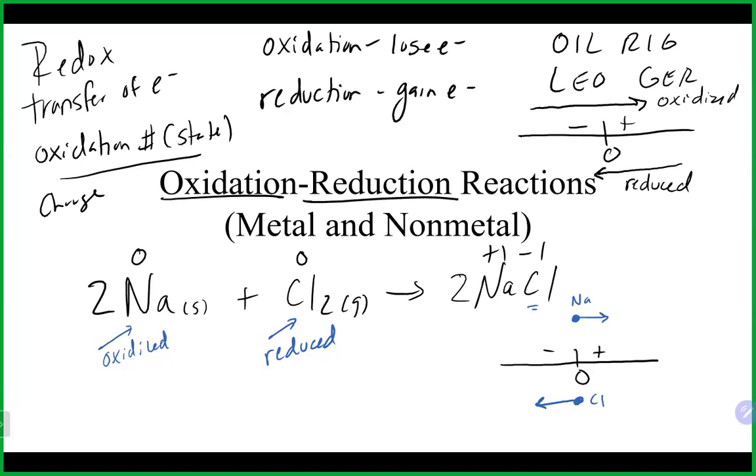What is being oxidized and what is being reduced is on the left-hand side of the arrow. And this is what is considered a redox reaction because there is an electron transfer.